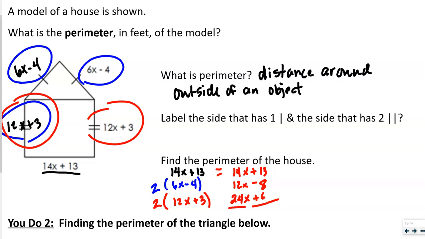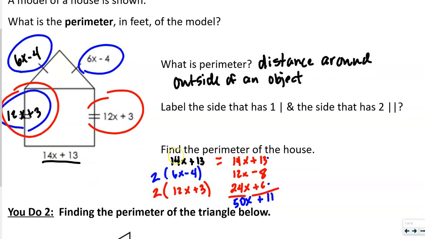So now we're just going to combine all these. 14 and 12 is actually 26. 26 plus 24 is 50, okay? So that's 50x here. And then we got 13 and 6, that's 19, minus 8, that would be 11. So that would be the perimeter of the house.